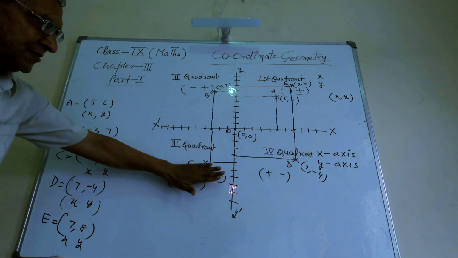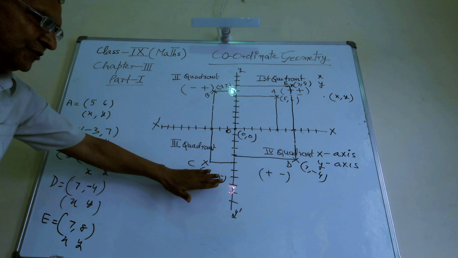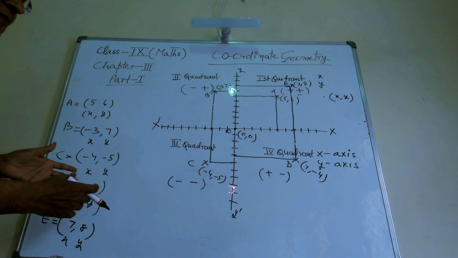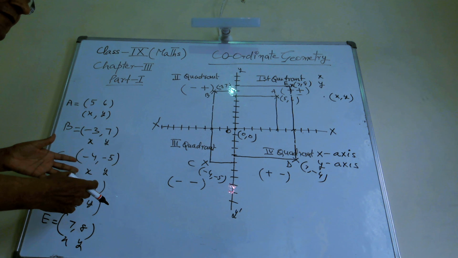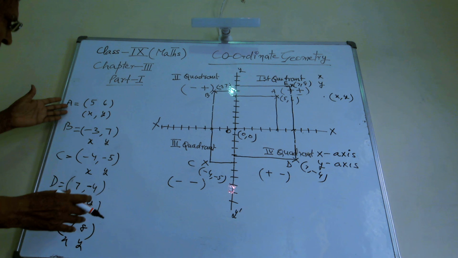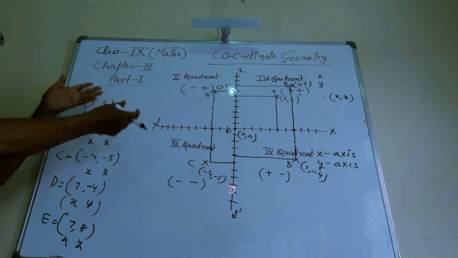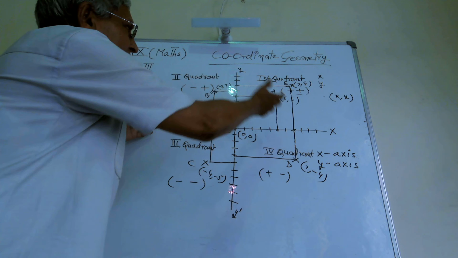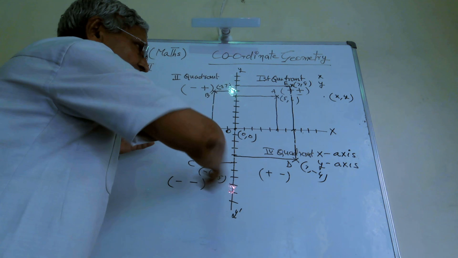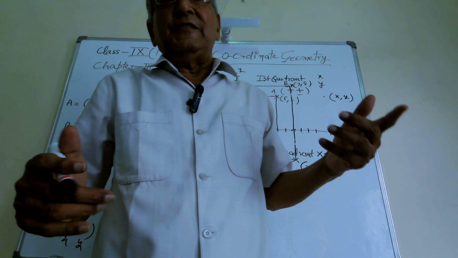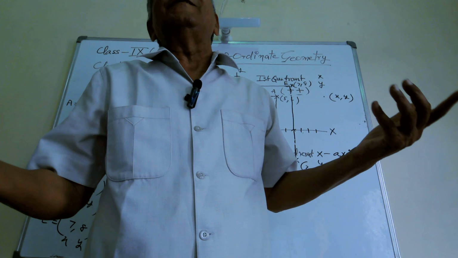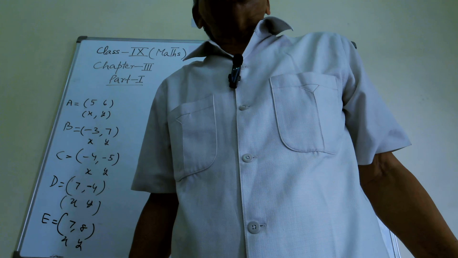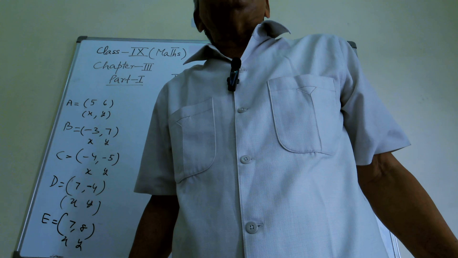Draw this graph on your paper, write down many points A, B, C, D, E and their coordinates, and find the position of those points on this graph. You will see this is a very interesting topic. Later we will take more questions on the graph.